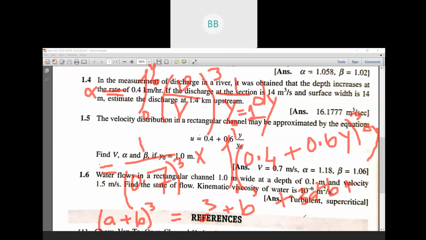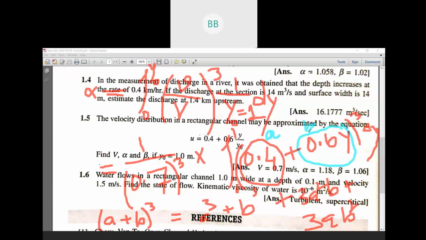3ab square. Okay, so for this equation, this 0.4 is a, and this part, 0.6y, is b.